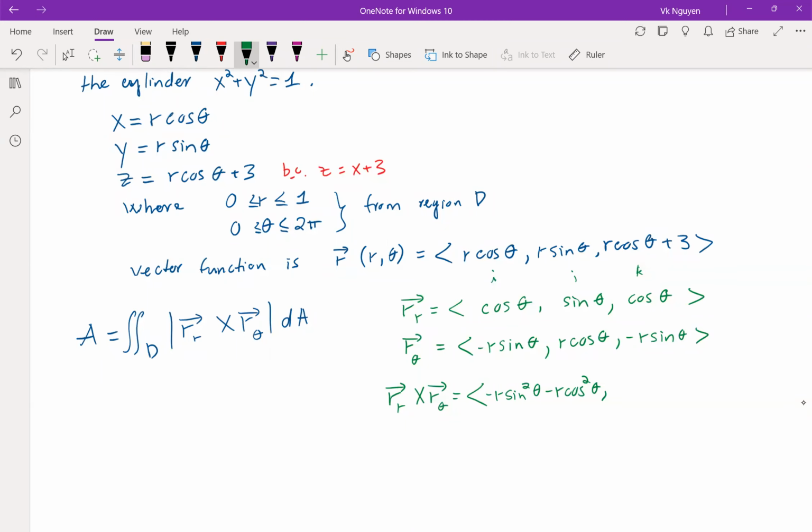Okay, that's the first one. And then for the second one, oh, how nice, negative r sine plus r sine, and then that's going to be 0. Right? And for the last one is the r cosine square plus r sine square.